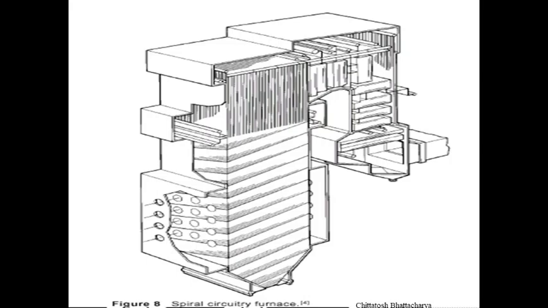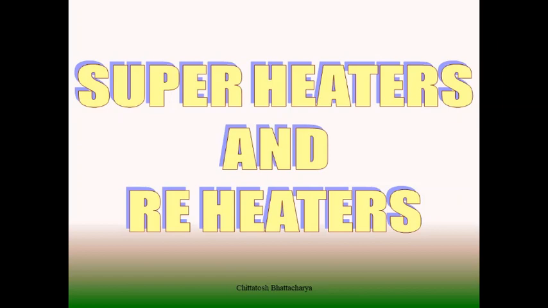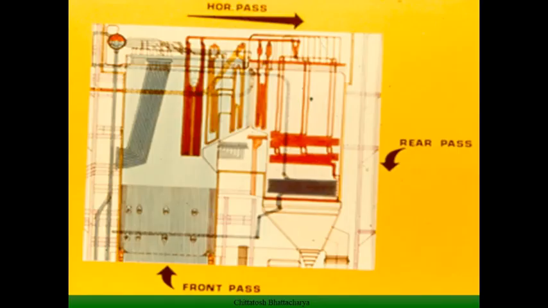Now we shall discuss the superheaters and reheaters. As we have already informed, superheaters absorb around 30% of the heat generated due to combustion, and reheaters generally absorb around 14% of the total heat available within the boiler.